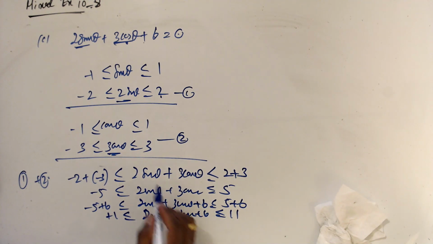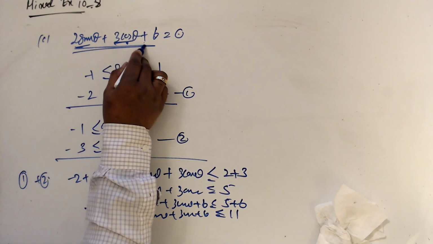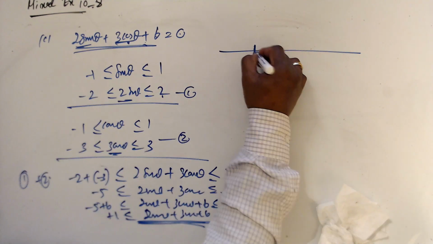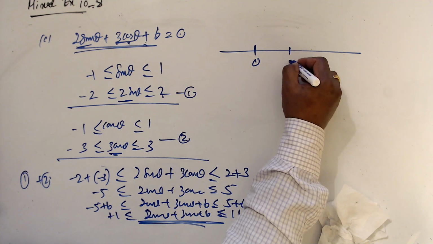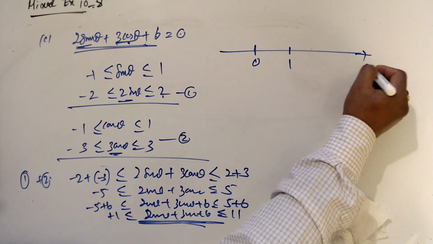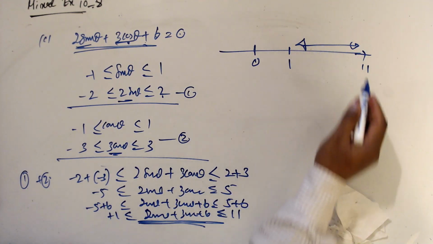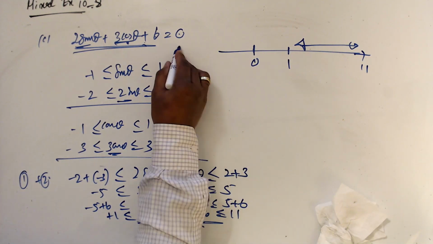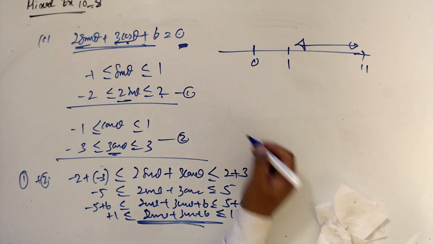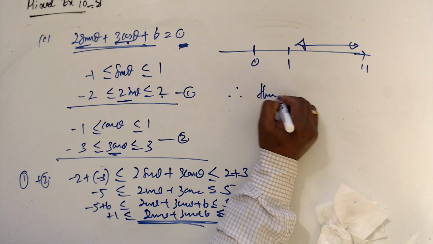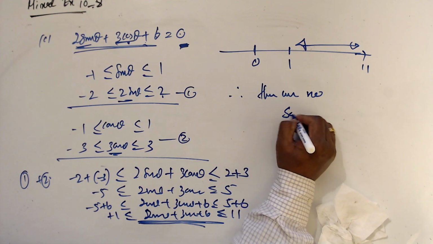Can you see now this answer is varying in between 1 and 11. So when you take the number line, 0, this is 1 and this is 11. This answer bounces between 1 and 11, so it can't be 0 at any time. Hence there are no solutions.